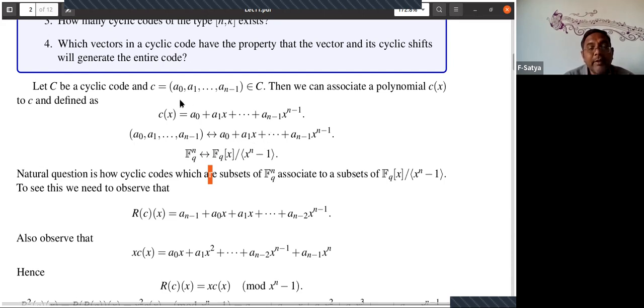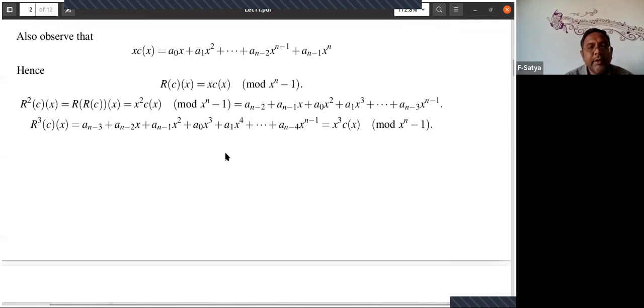But a cyclic code has an extra property: if this is there, then its shift also will be there. Multiplying by x gives a0 x, a1 x square, and so on, an minus 1 x power n. But x power n is 1 modulo x power n minus 1, so an minus 1 comes here. That is the beauty here.